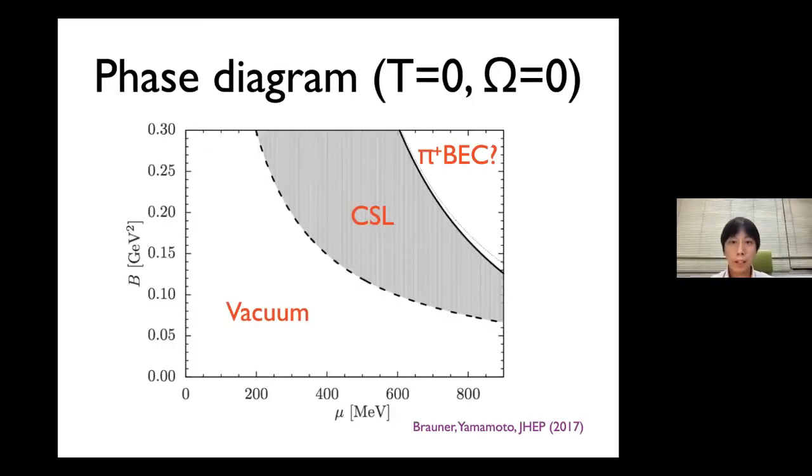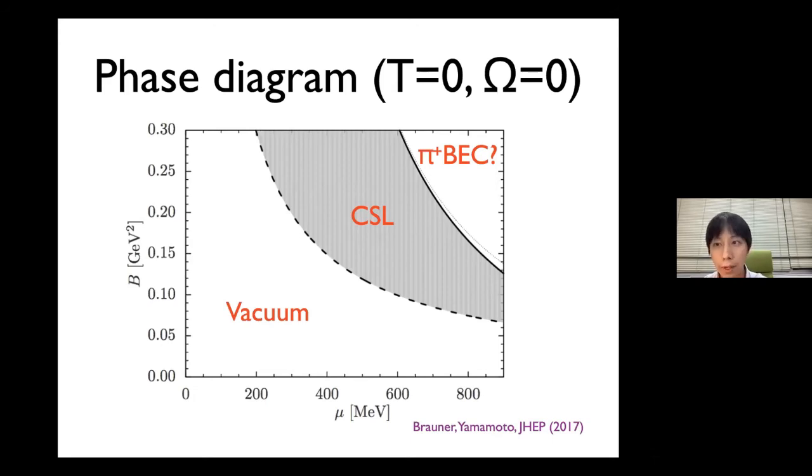From our analysis, we can draw the phase diagram as a function of the baryon chemical potential in the magnetic field. As I said, above some critical magnetic field, the Chiral lattice phase is realized. Although I have focused on the charge neutral pion sector, we cannot generically ignore the effects of charged pions.